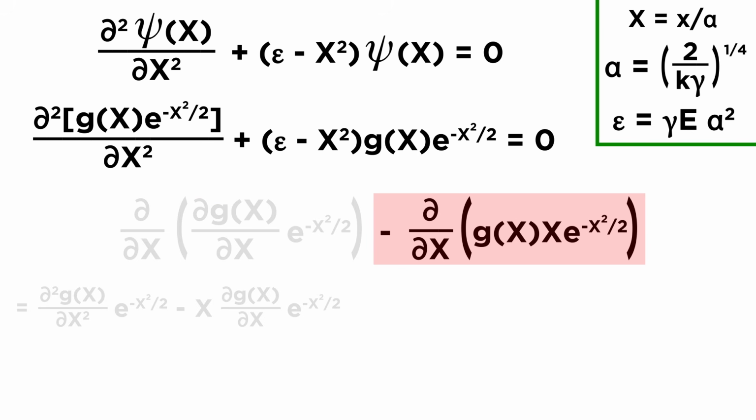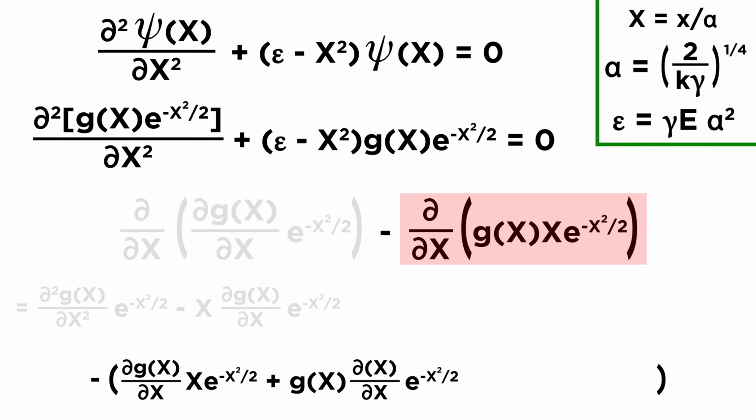Moving on to the second term, this is a little trickier as we have the product of three terms. Let's pull this negative sign out and place the rest in a parenthetical, so we get the derivative of the first term times the second and third terms, then we get the first times the derivative of the second, just this big X times the third, and then we get the first and second times the derivative of the third.